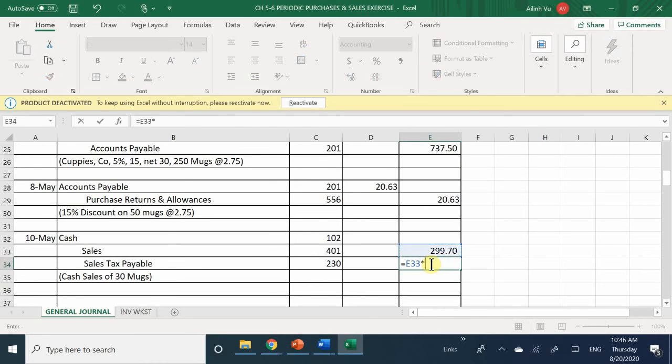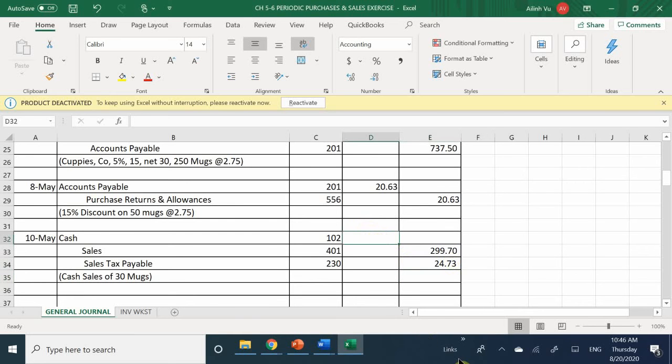I can double check that. I have 24.73. Did everyone get the same answer or anyone? I get 72 cents. 72 cents? Okay, yes. So this right here, because I'm using Excel, if I pull it out, open it up, it is 725. All right.